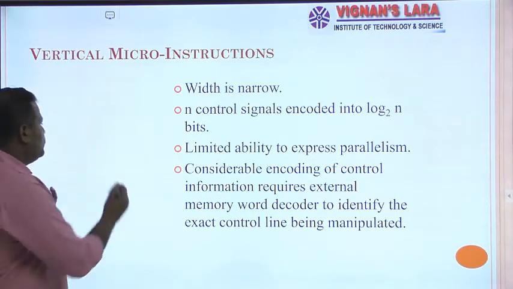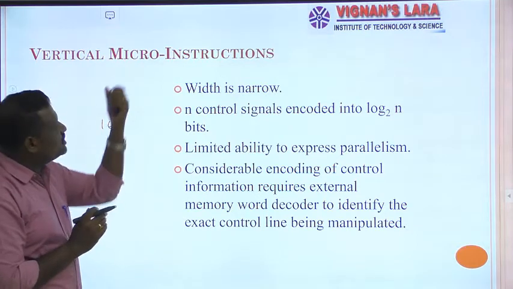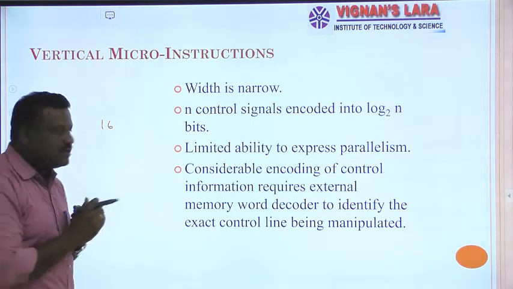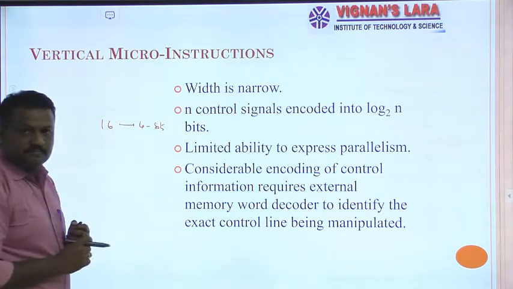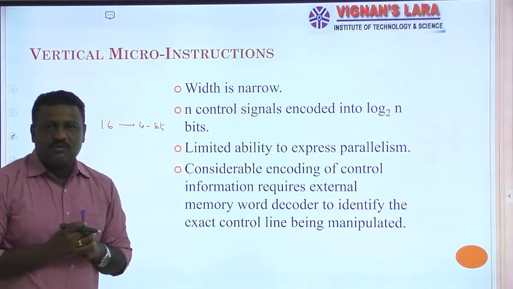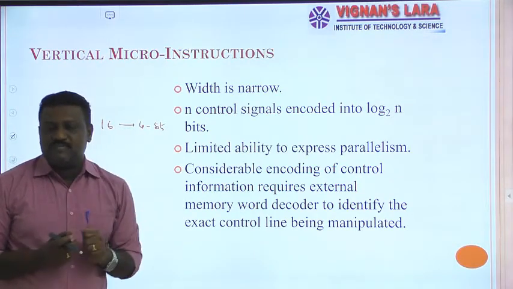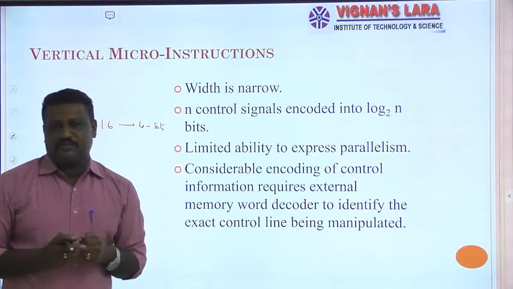For example, I would like to generate 16 control signals by using vertical micro instructions. In that I have just 4 bits because log base 2 of 16 is equal to 4. So with the help of 4 binary bits, I can generate 16 different control signals.